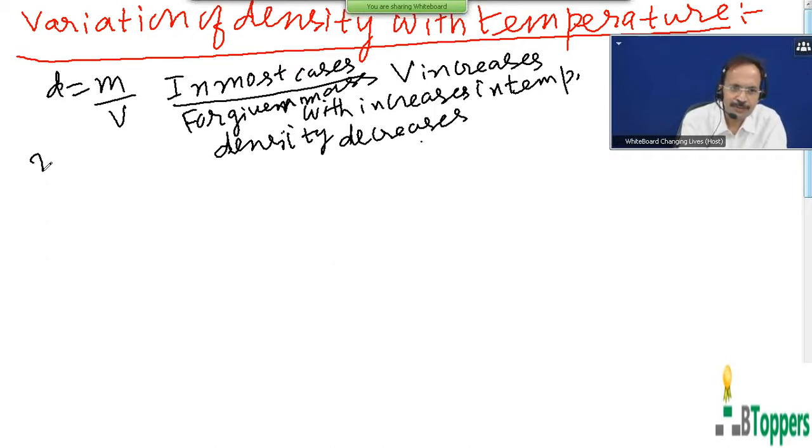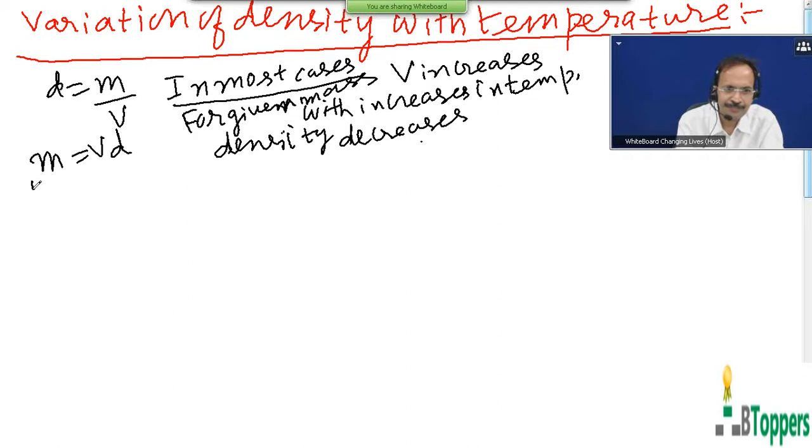So, to find the relation between the density at a higher temperature and the density at a lower temperature, I use the fact that the mass of the substance is the same.